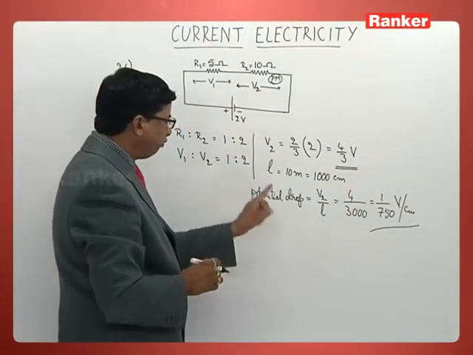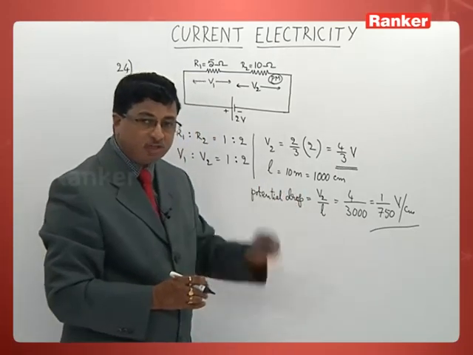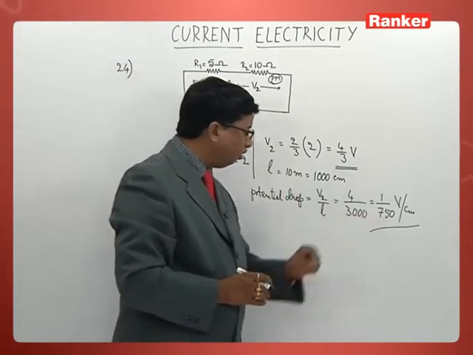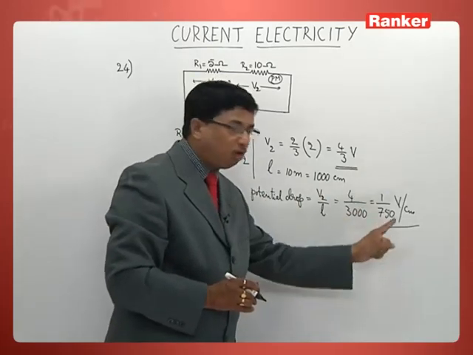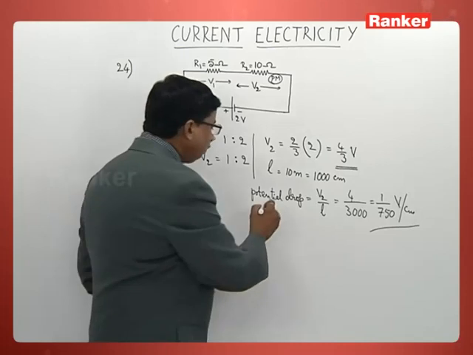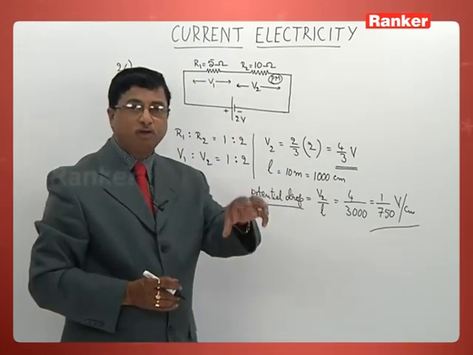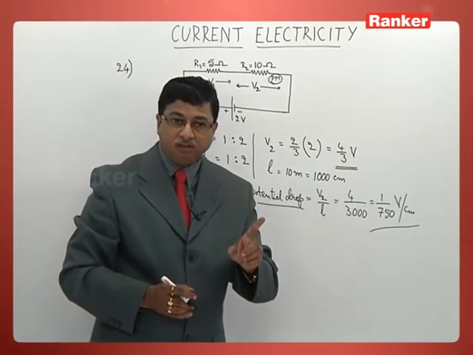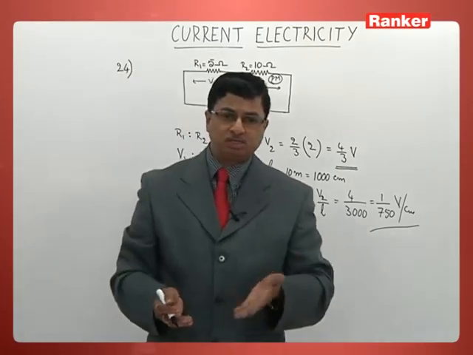So for the first option, that is first bit what has been mentioned there, what is the correct option now? 1 by 750 volt per centimeter, that is going to be the potential drop across the potentiometer wire of length 10 meter.